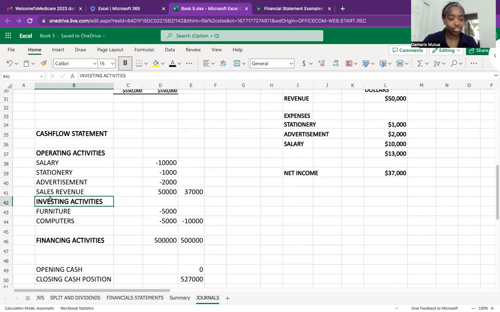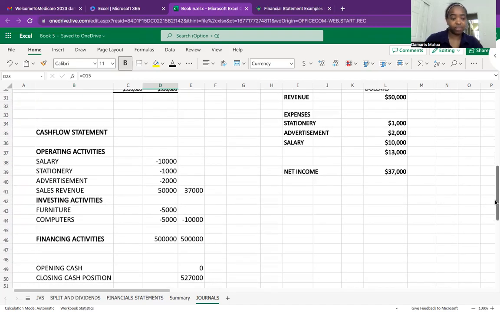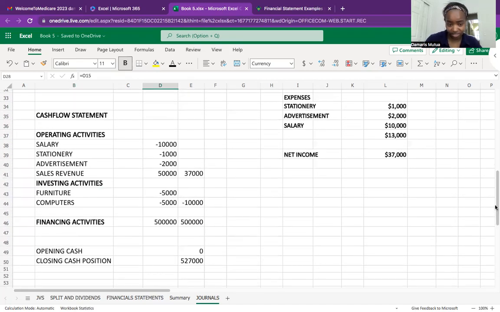We bought furnitures, we bought computers. So those are the investing activities. Financing, we have the 500,000, the investment from the shareholders. So that is what goes under financing activities.